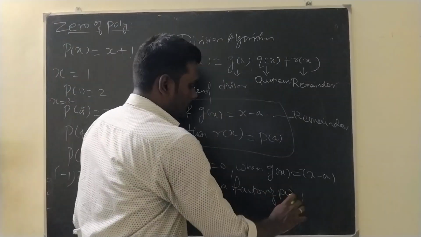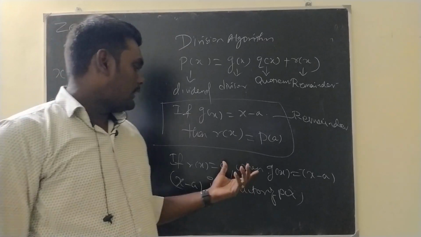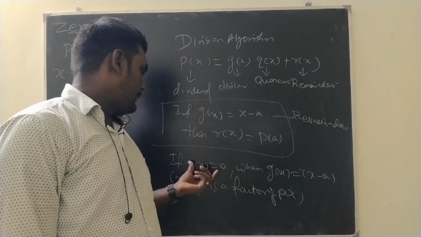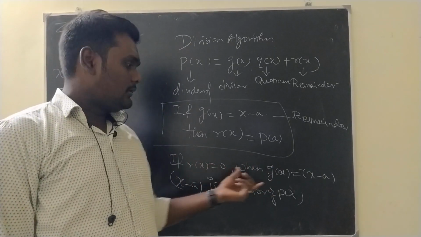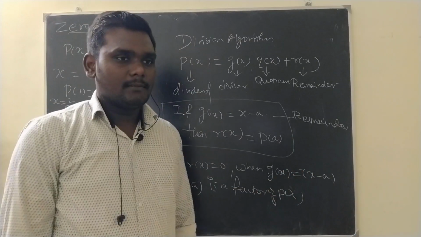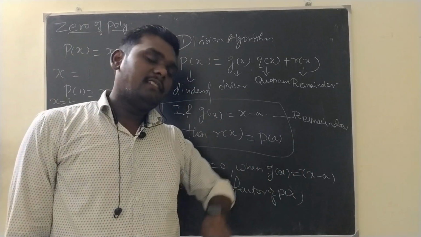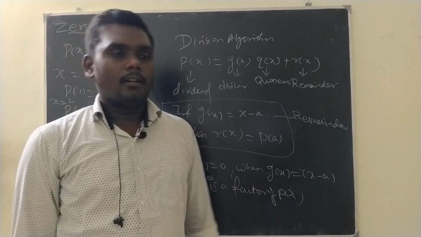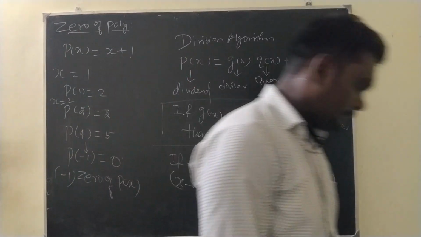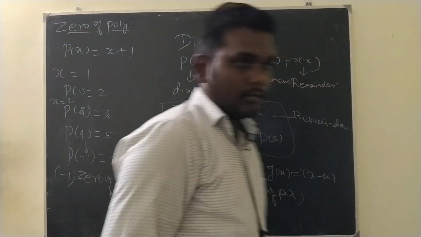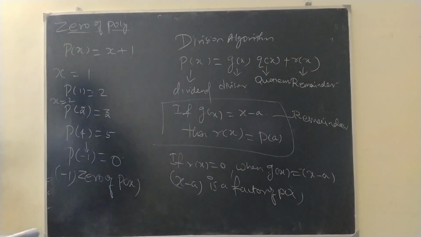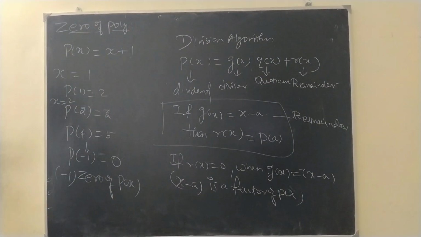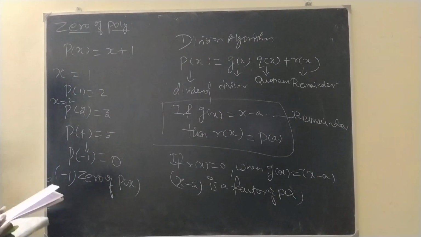Okay, this is the one scenario. If p of a is 0, then x minus a is a factor. The other way, if x minus a is a factor, then p of a is equal to 0. This phenomenon is called the factor theorem. Okay, can you relate one with another? No.